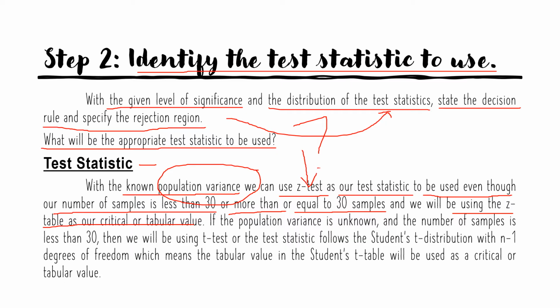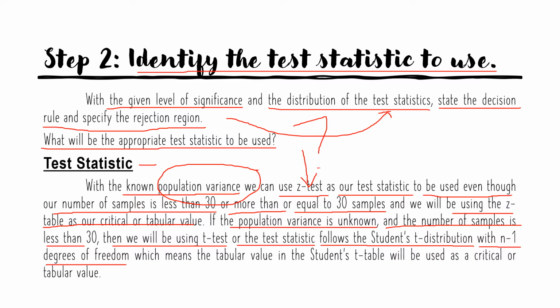If the population variance is unknown and the number of samples is less than 30, then we will be using the t-test, where the test statistic follows the student's t-distribution with n minus 1 degrees of freedom.